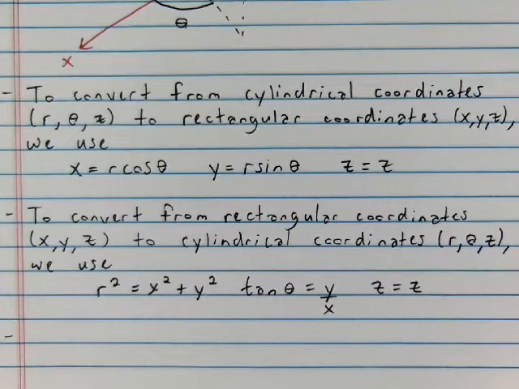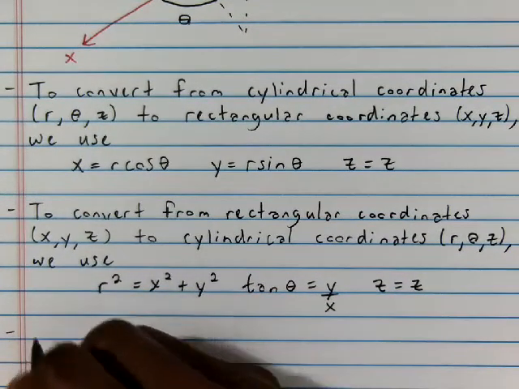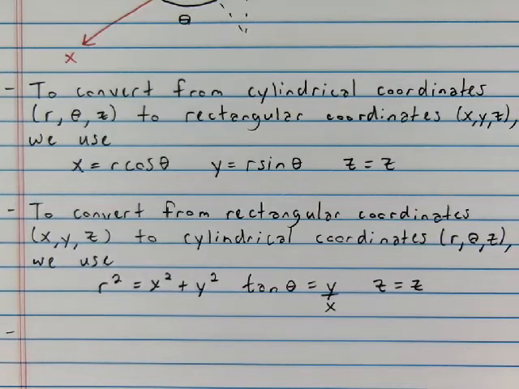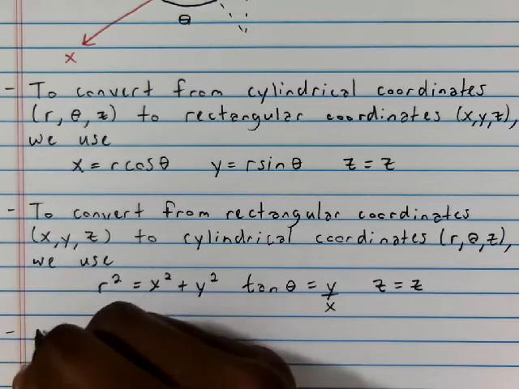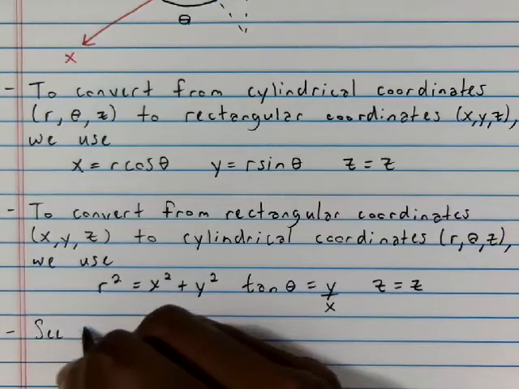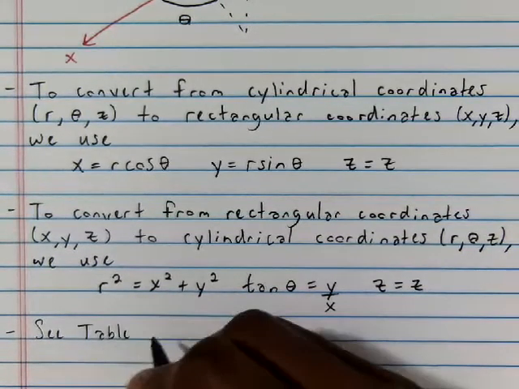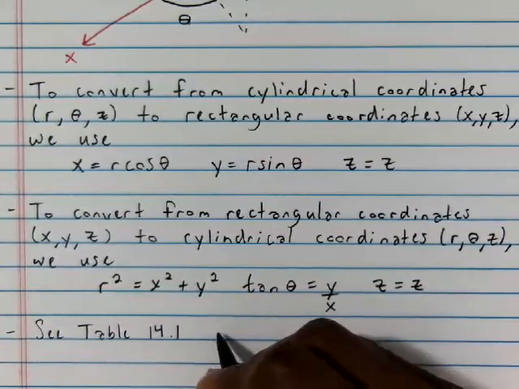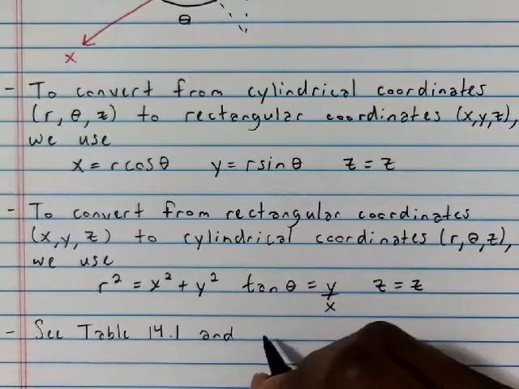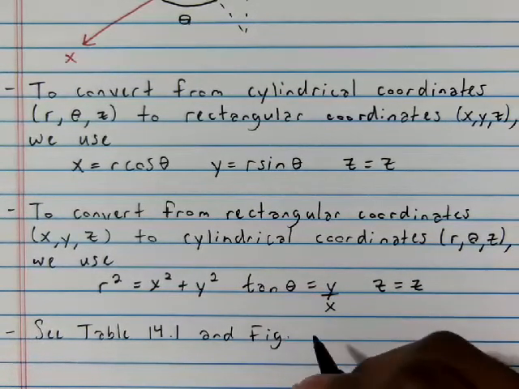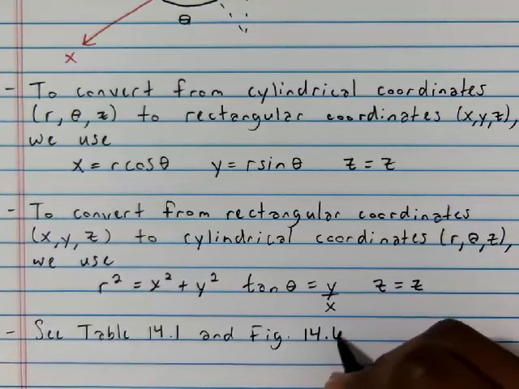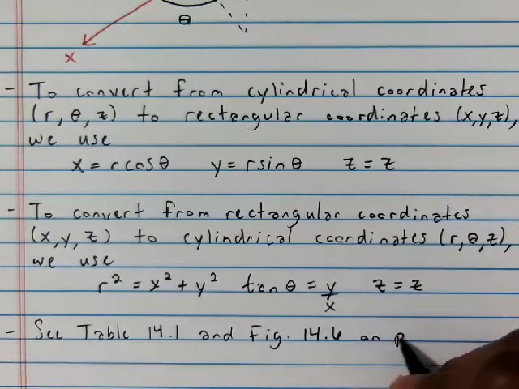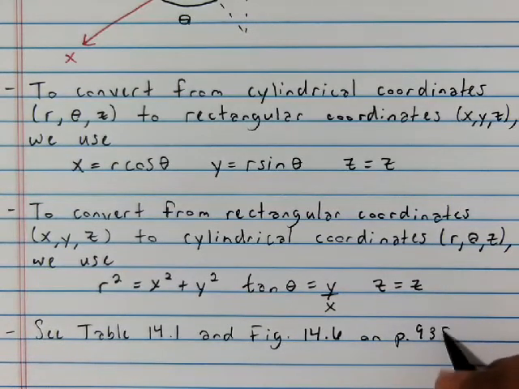All right, and also I'm going to just point you to some equations and figures in your textbook, so you can see some equations that they already have set up, some familiar equations from rectangular coordinates that now have been set up in cylindrical coordinates, as well as some graphs. So see Table 14.1 and Figure 14.6 on page 938.